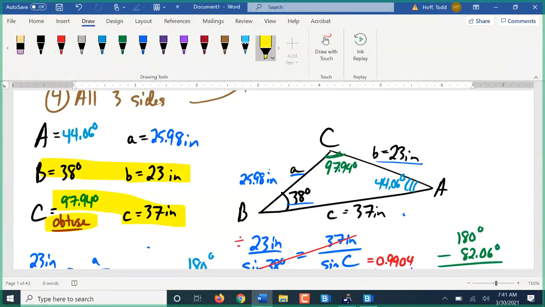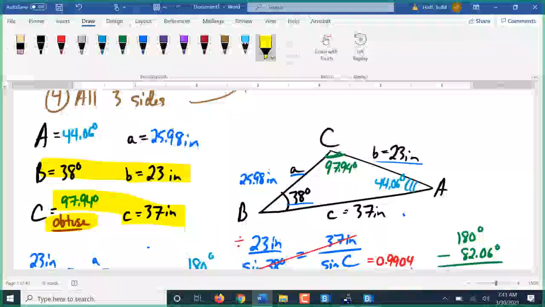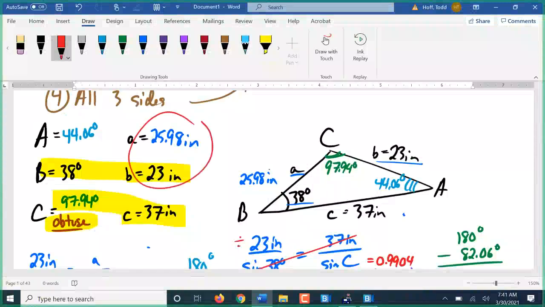The second check is to make sure the two shortest sides add up to be larger than the longest side. And here, 25.98 and 23 add up to be 49.98, or sorry, 48.98. That is longer than 37, so that works out as well.